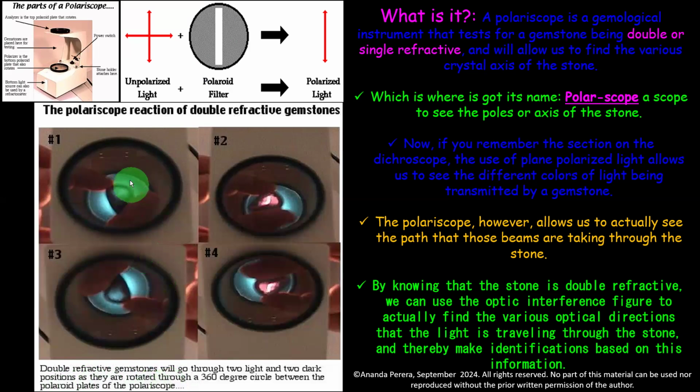When we rotate the stone one circle, that means 360 degrees, a quarter circle gives light, dark, light. Next quarter, dark. Next quarter, light. Then it is one cycle.